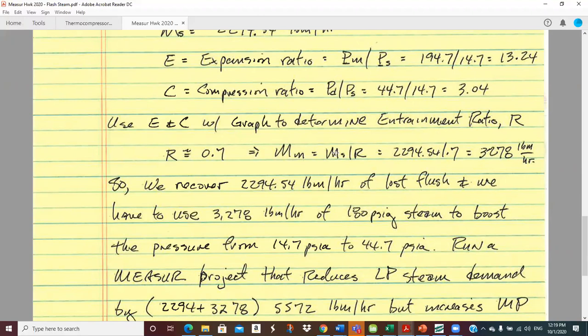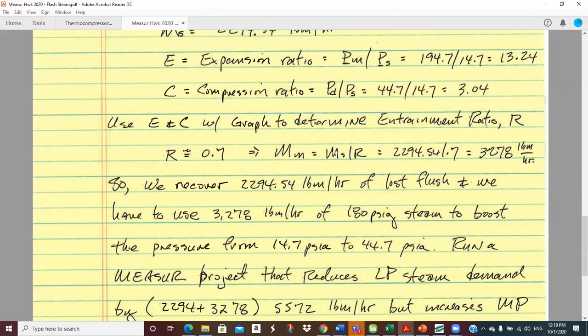Just in word form, we can recover almost 2,300 pounds an hour of lost flash, and we have to use a little less than 3,300 pounds an hour of 180 PSIG steam to boost the pressure from 14.7 PSIA to 44.7, which is the header pressure.